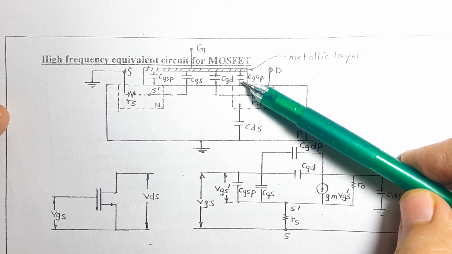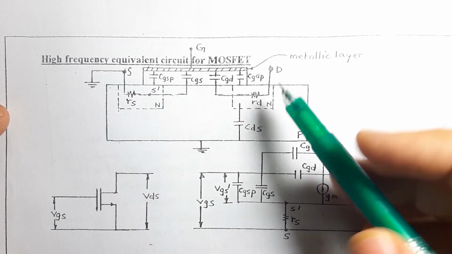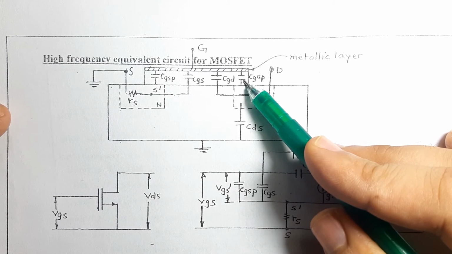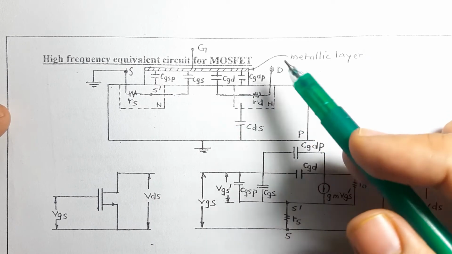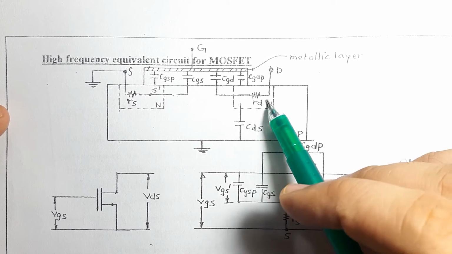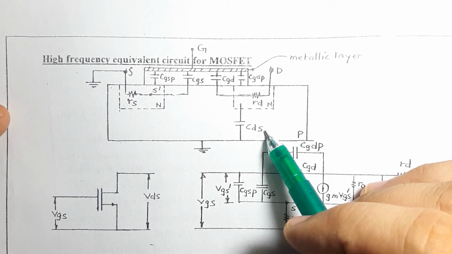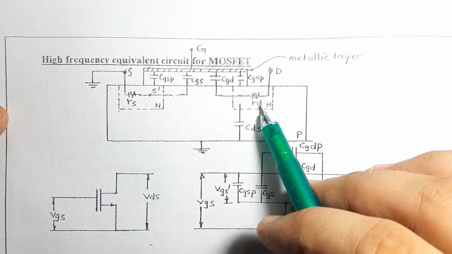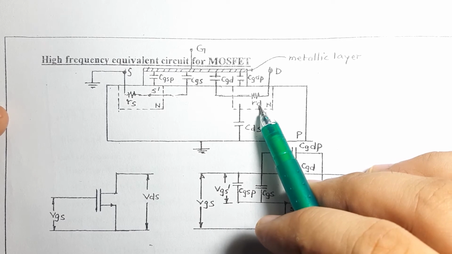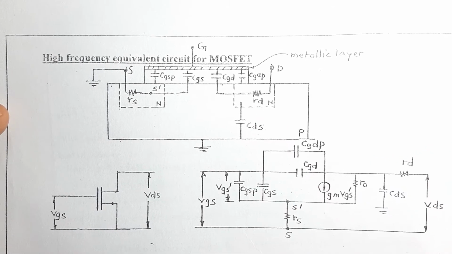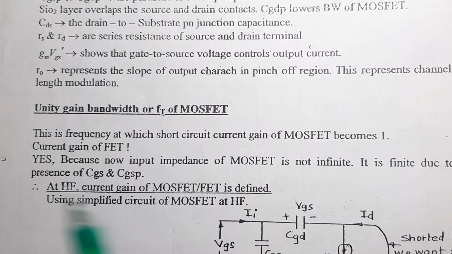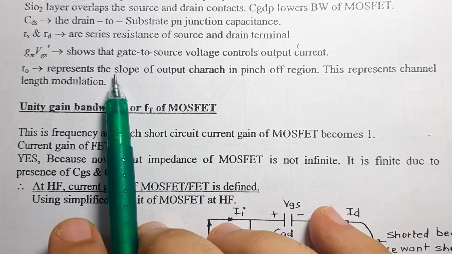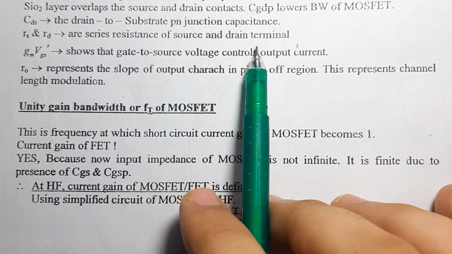Now this capacitor CGDP lowers the bandwidth of the MOSFET. CDS, the one present over here, is a drain to substrate PN junction capacitance. Your RS and your RD over here are the series resistances of the source and drain terminals. Your gm VGS' shows the gate to source voltage which controls the output current.